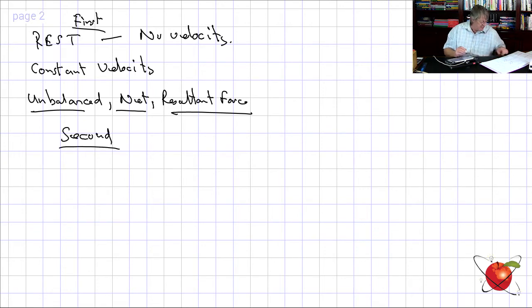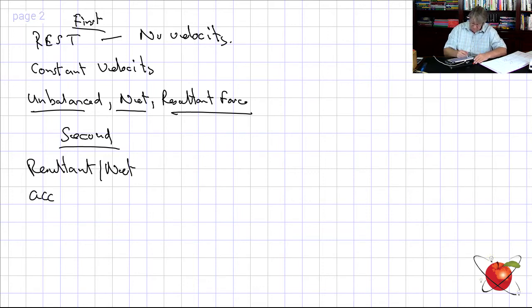Second law, they say here, if there is a resultant or net force acting on a body or an object, the body will accelerate. Okay, here's a new one.